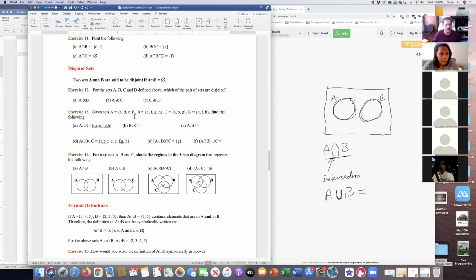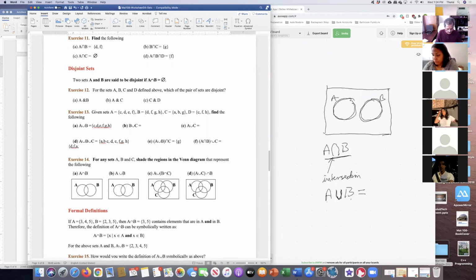A intersection B has D and F, and I need to combine that with C. So D, comma, F, comma, everything in C, that'll be A, B, and G. You don't really have to write them in order, but I recommend it so that you won't miss anything. But this is the correct answer: D, F, A, B, G.